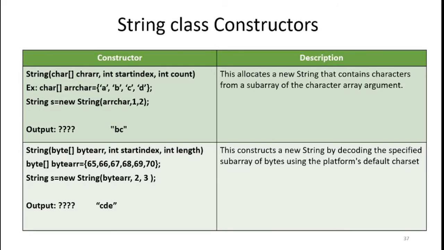So in ASCII we have the value CDE, that is 67, 68 and 69. So we are getting the ASCII representation output.